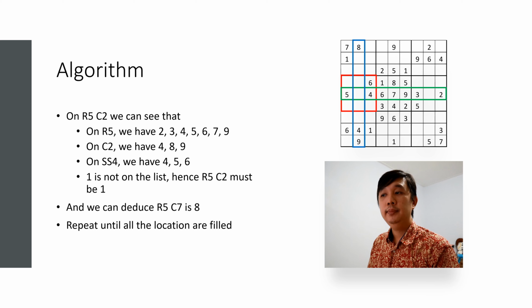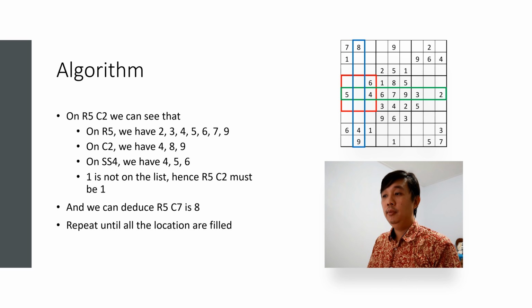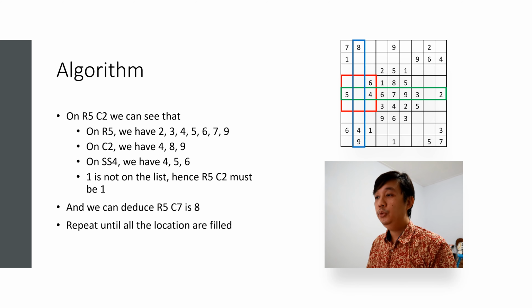This grid is a lot easier to solve than row number 5 and column number 7. Why? Because in column number 2 we have 4, 8, and 9, while in row number 5 we have 2, 3, 4, 5, 6, 7 and 9.